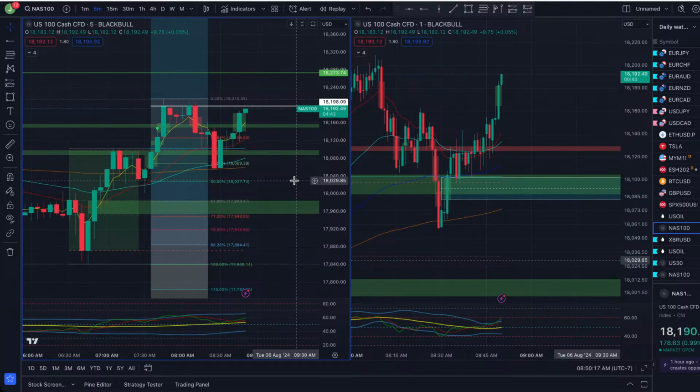You should be moving your stop losses to break even. Taking some off the table. And then heading for that green line.